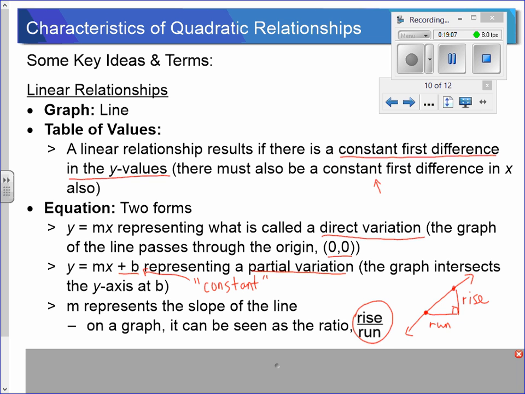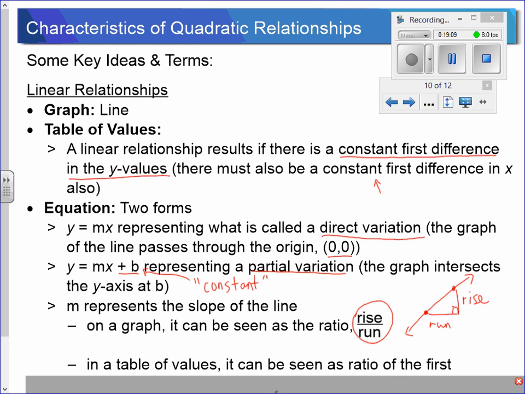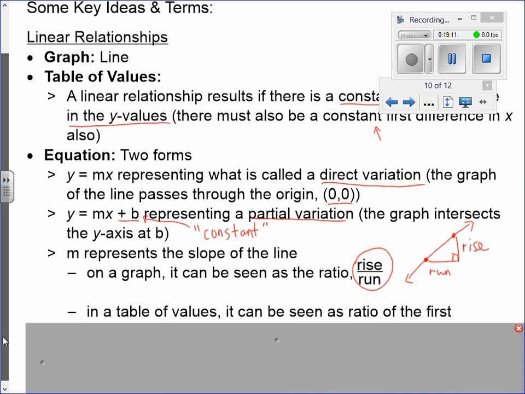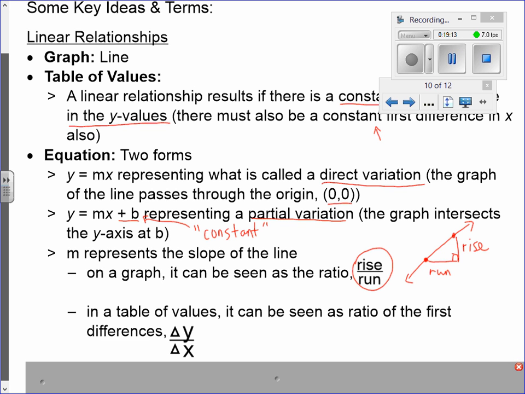And one more little bit of information on lines. In the table of values, you can see it as a ratio of the first differences, so delta y divided by delta x.